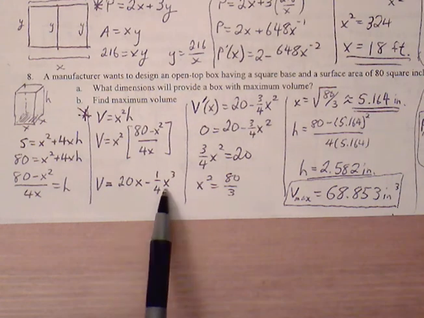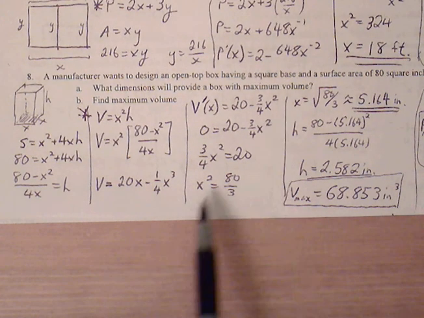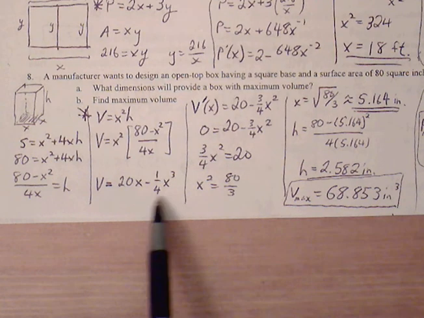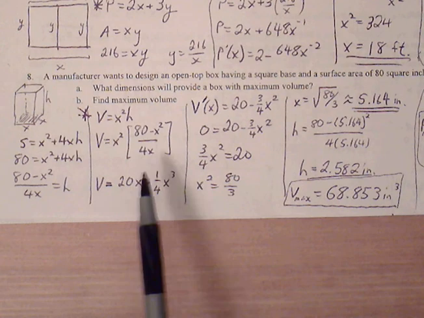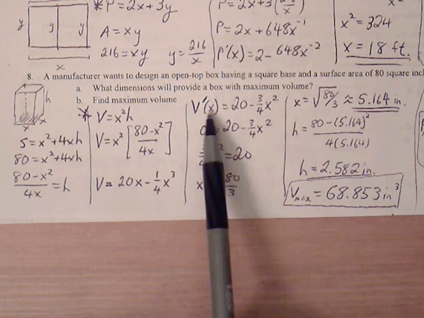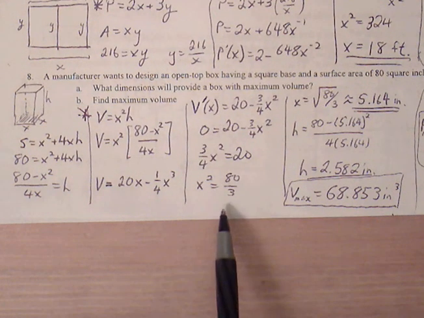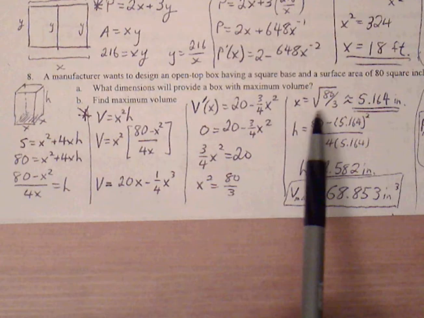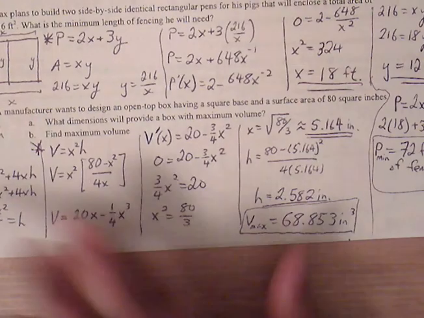We find the derivative, set that equal to 0. We want to find when the rate of change of volume is going to be zero, at the maximum. So we set the derivative of volume equal to 0. We solve for x, and we get x squared equals 80 over 3. Solve for x, we get root 80 over 3, which can be approximated to be 5.164.